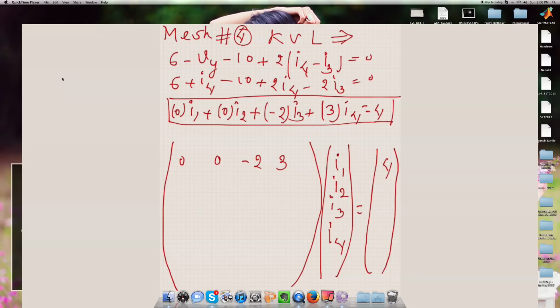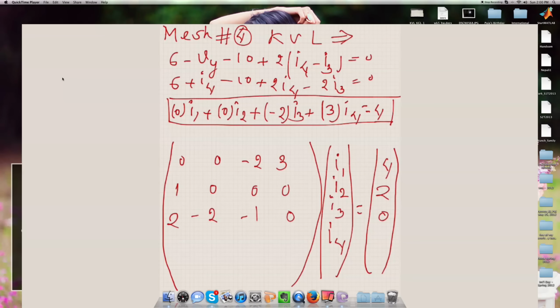Realizing we have I sub 1 is 2, we have 1, 0, 0, 0 is 2. So that's the second row. Next, we can put the other one, which is 2I1 minus 2I2 minus I3 equals 0. So that will give us 2, minus 2, minus 1 and 0 is 0.